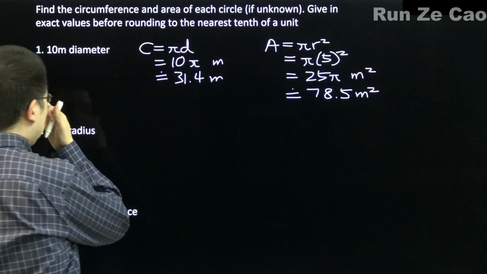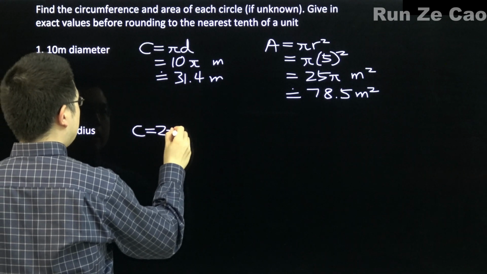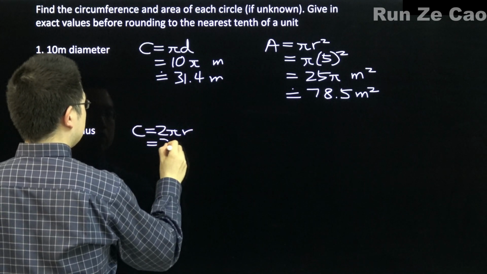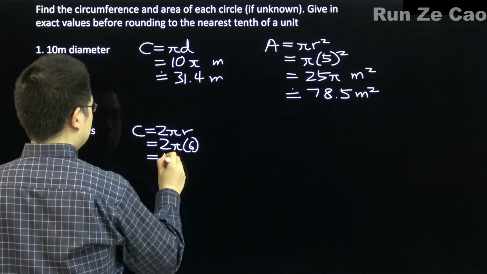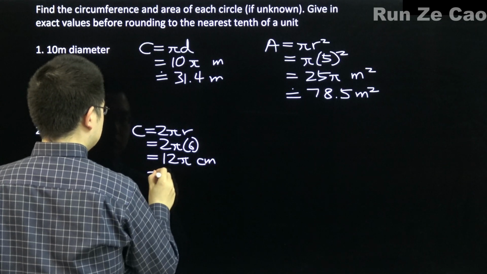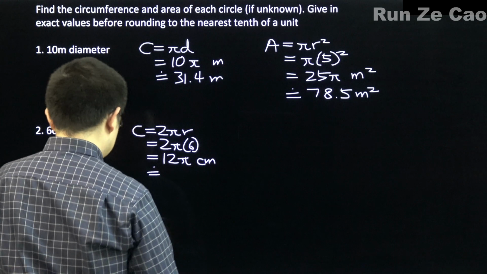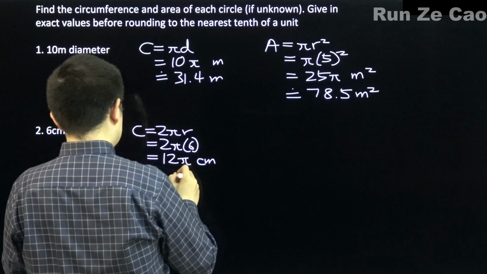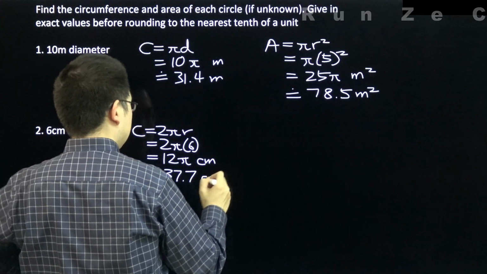Well, then, C equals 2 pi r equals 2 pi times 6 equals 12 pi centimeters, which is approximately 12 times pi. So 37.7 centimeters.